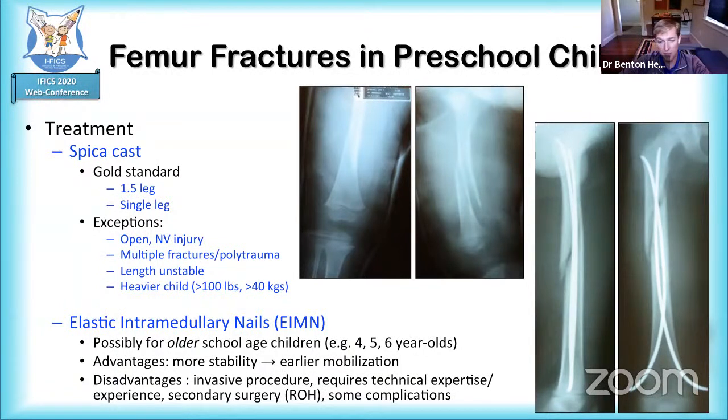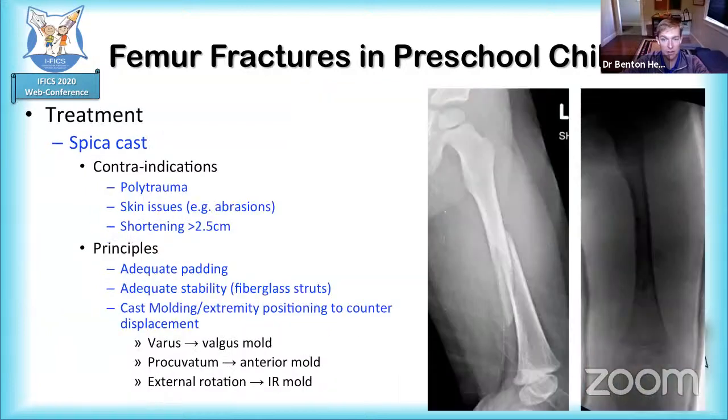The disadvantages, of course, relative to spica casting are it's an invasive procedure, requires some technical expertise or experience, and often requires a secondary surgery in the form of removing the hardware, particularly in this younger age group. And there are, of course, some complications. Other contraindications for a spica cast might be skin issues if there are severe abrasions, severe shortening.